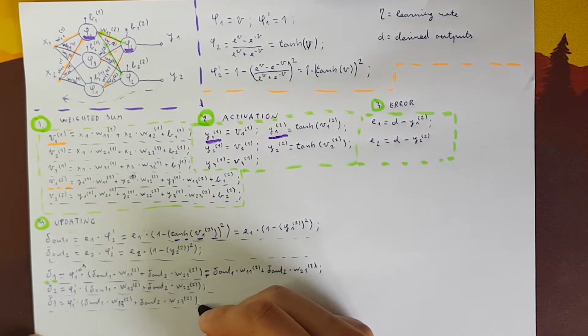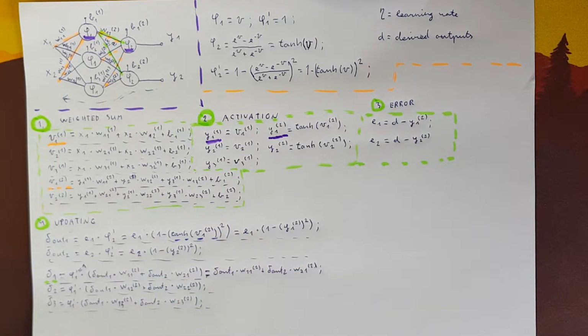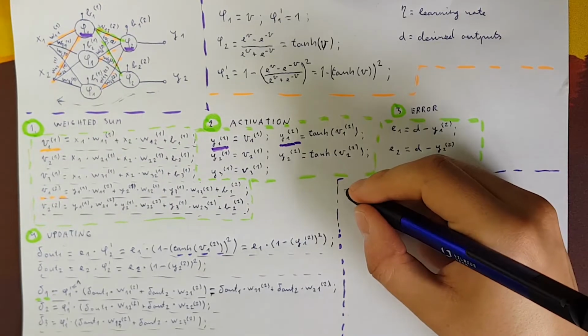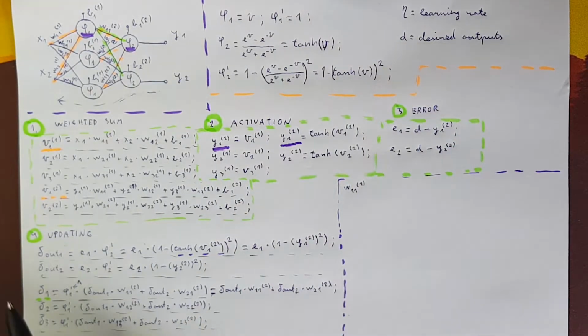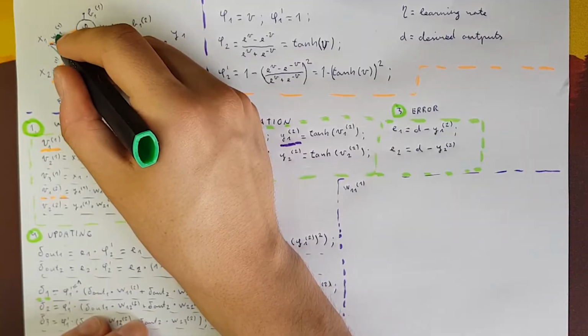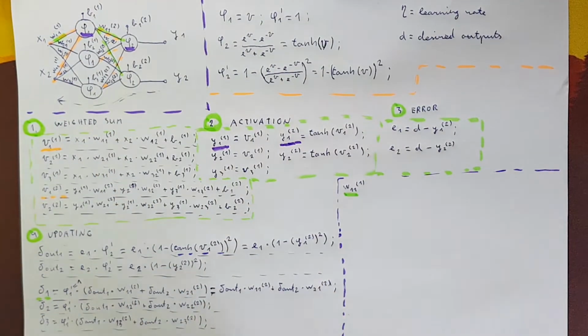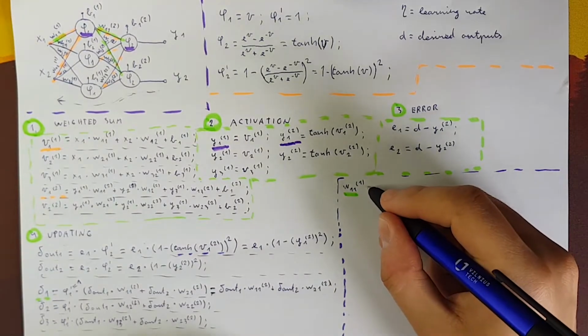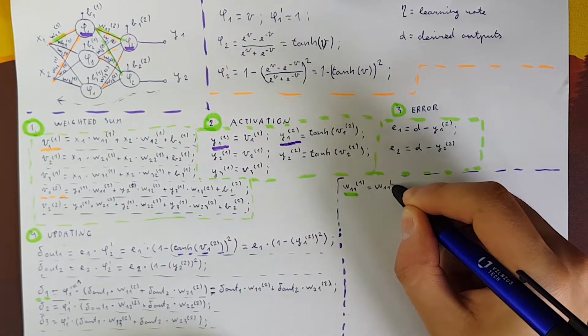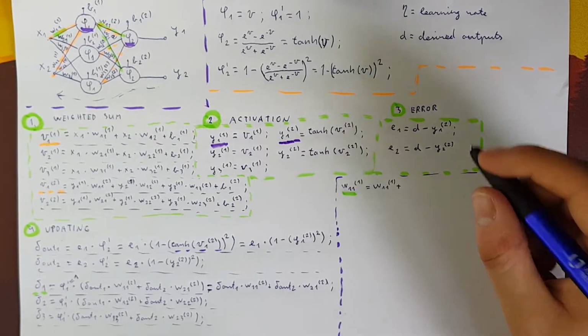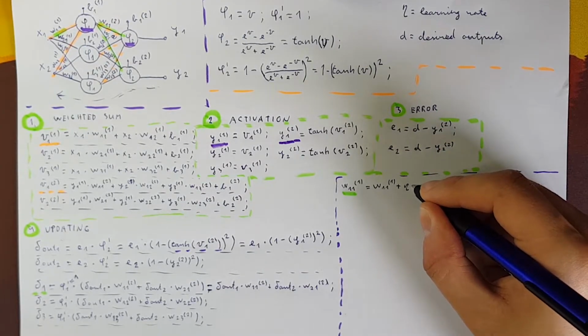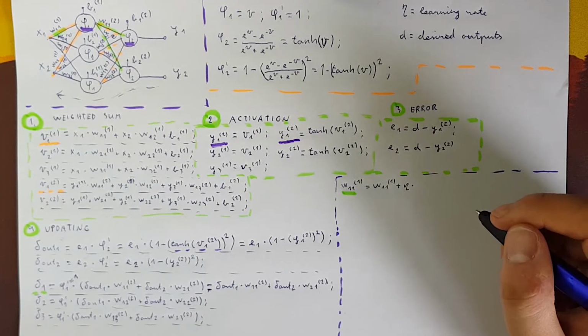So now that we have all of our deltas, we can finally update our weights. So let's do exactly that. So we'll update the first weight of the first layer. So this one. To update that weight, we need to take that weight and add learning rate multiplied by the delta for that neuron.